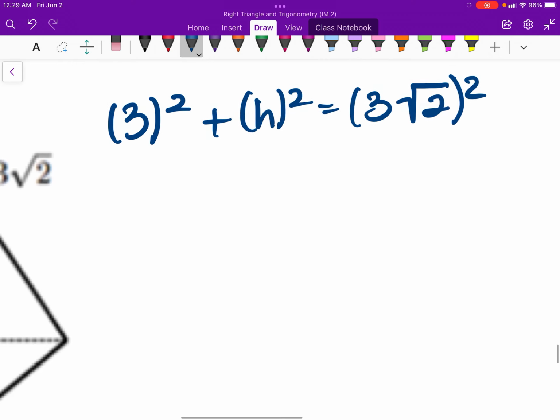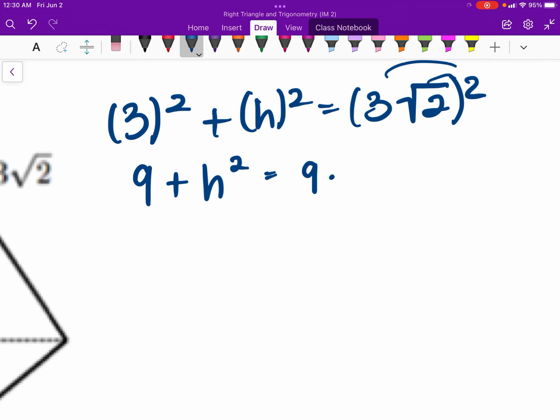This one's going to be a little interesting. Now, 3 squared in this case is 9, plus H squared equals. In this case, that squared, you actually do have to distribute it to both of them. So 3 squared in this case is 9, and then the square root of 2 squared is 2.